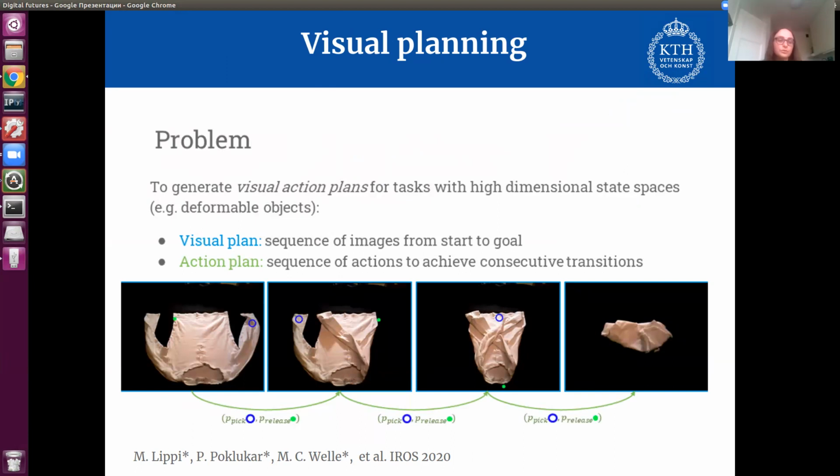So for example, if you take this shirt that you want to fold, as in the example here in the slide, it's really hard to mathematically describe what is a sufficient state representation for this object, because it's very flexible. It has many wrinkles that are not relevant at all for the task of folding, for example. And things get even worse when we assume that we have to deal directly with sensory data.